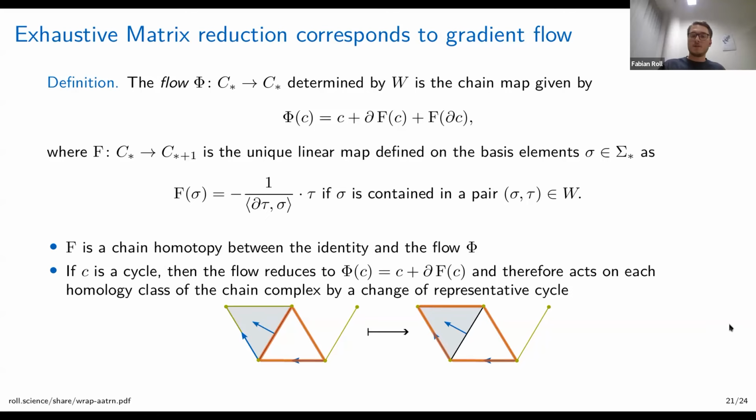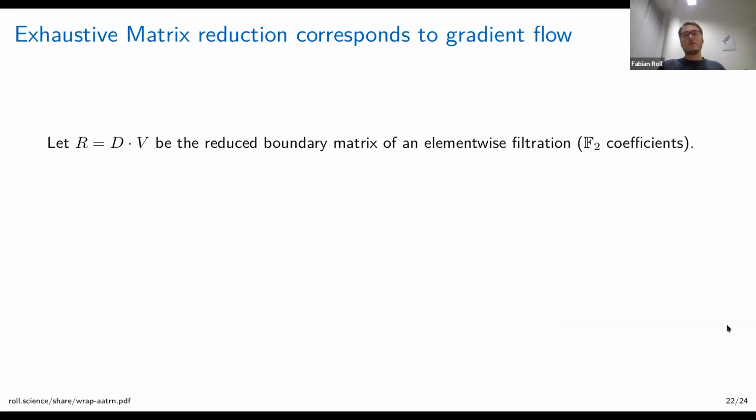If you add this now to your original chain, you get the chain on the right. But this is not a talk about the basics of algebraic Morse theory. I want to show you how this looks in our case, and hopefully convince you that this is essentially the same as what the exhaustive matrix reduction does.